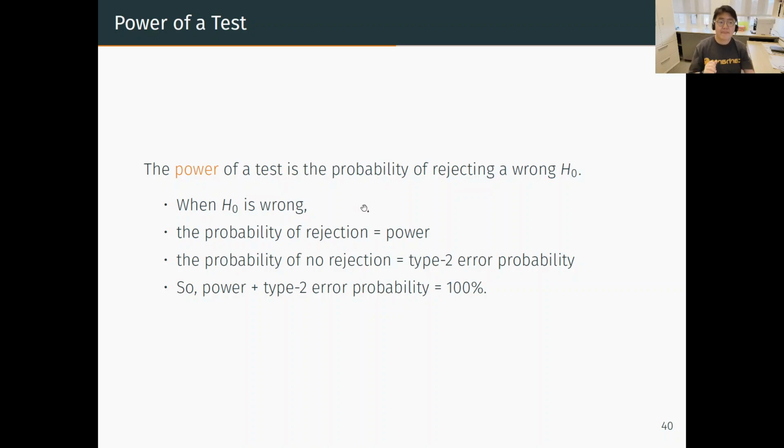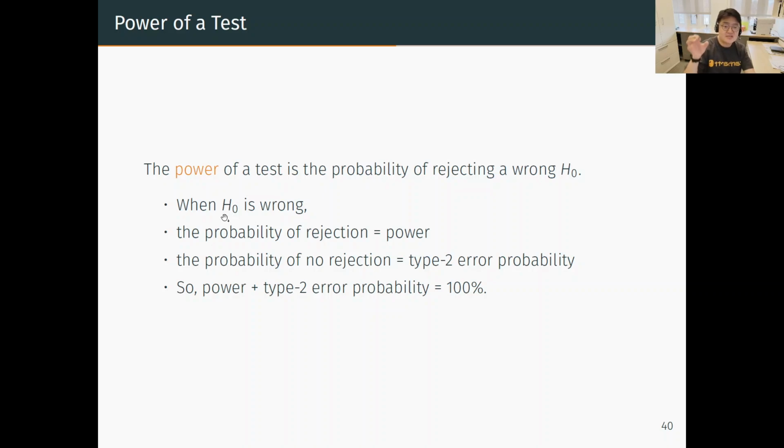So then we call this the power of a test. The power is the flip side of type 2 error. The power is defined as the probability of rejecting a wrong hypothesis. If you can detect a wrong null hypothesis, that is the power.